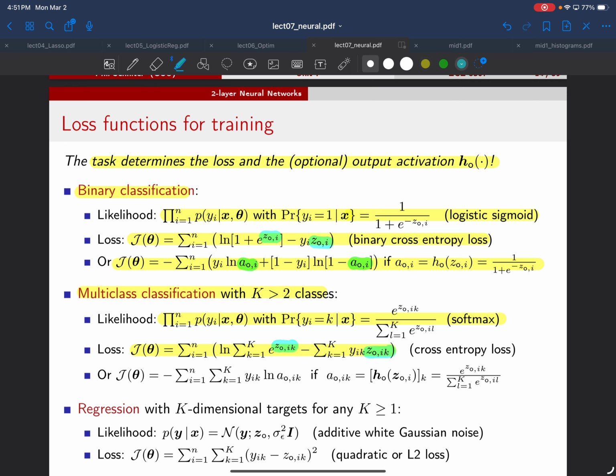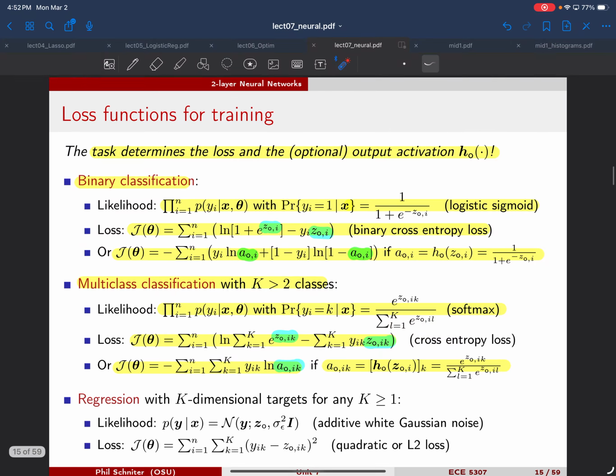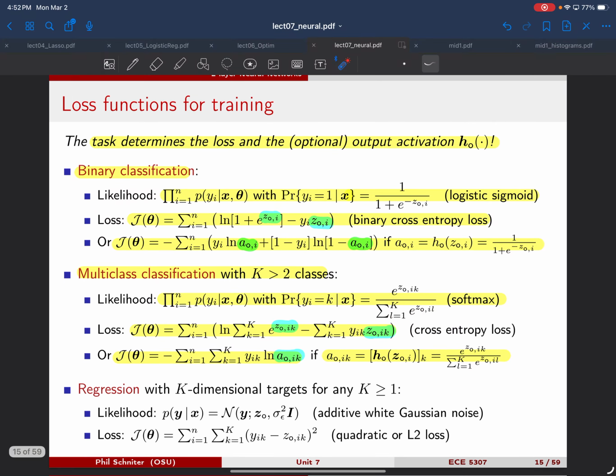This is how we saw it before, but if you put those z's through a softmax function at the end of your network and you're actually outputting these activations, then you could instead write the loss more simply like that. And here this is in terms of those activations. Okay, so once again, you have two choices of how you build your network. And for each one of those choices, you have to use the proper implementation of the loss. Okay, any questions on multi-class classification?